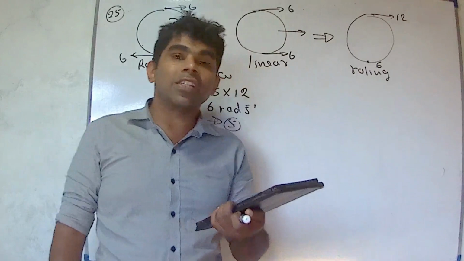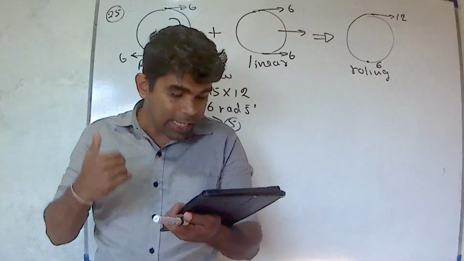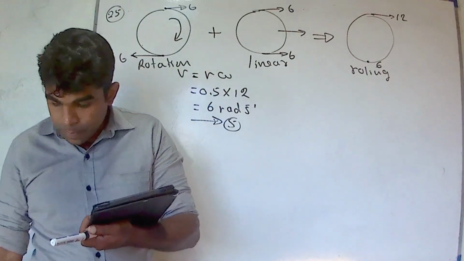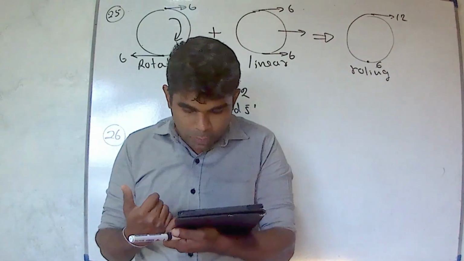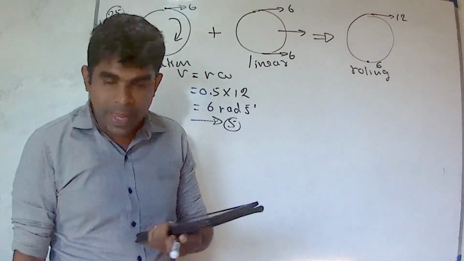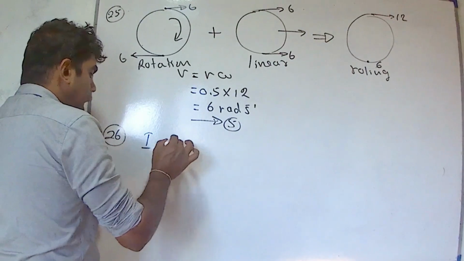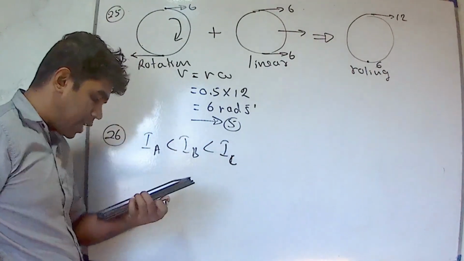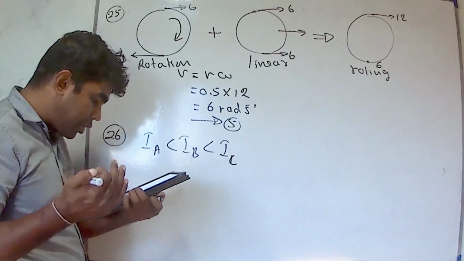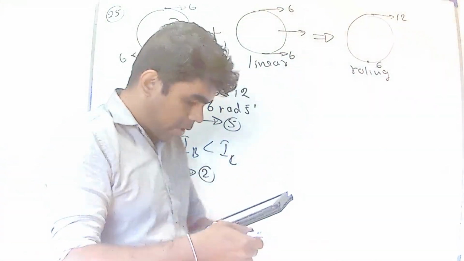The lowest mass spreadness could be observed for A along axis A, and the highest mass spreadness could be observed for C. Then we can get the moment of inertia order IA, IB, IC. Then the answer is true for question number 26.